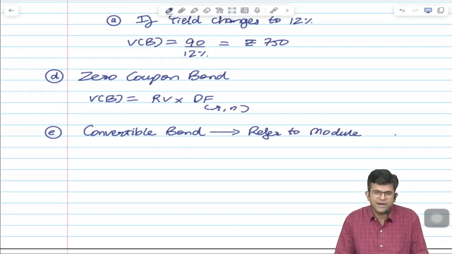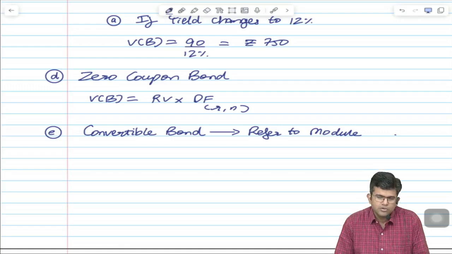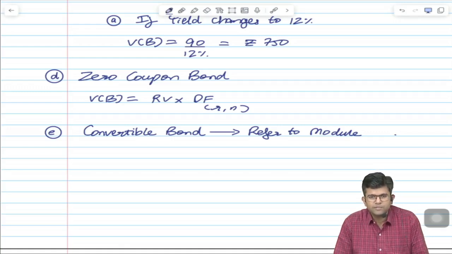Leave some space. I don't know what number it will be; a number will come whenever it comes. There is one full module dedicated to convertible bonds. A lot of questions are there. We will talk when we reach there. So with that, we finish our first module, that is, basic valuation of bonds.